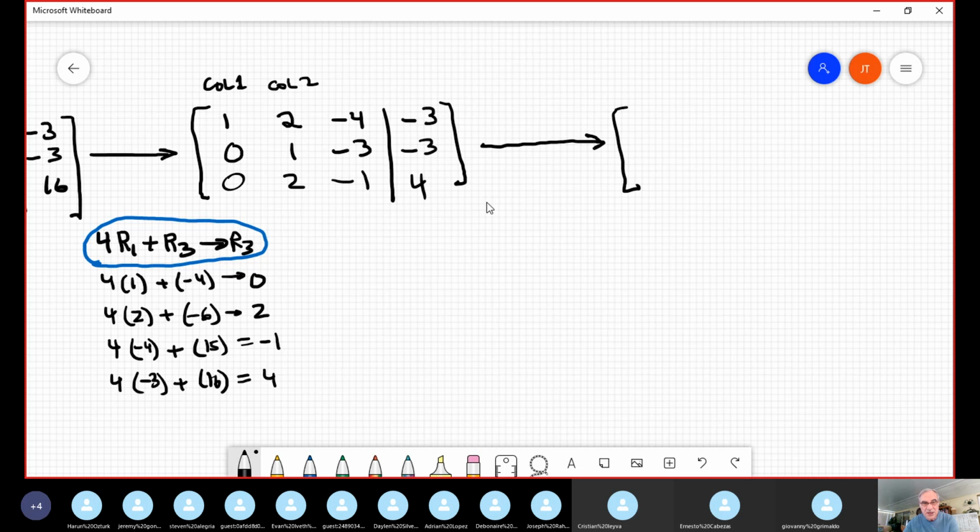This pivot, I don't use it anymore. I'm using the second pivot. This is my second pivot. Look, this is my second pivot. And the second pivot helps me to create 0 in the column 2. And the third pivot is this 0 in the column 3.